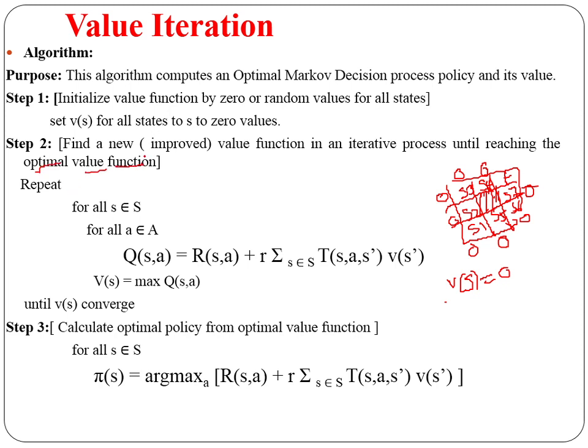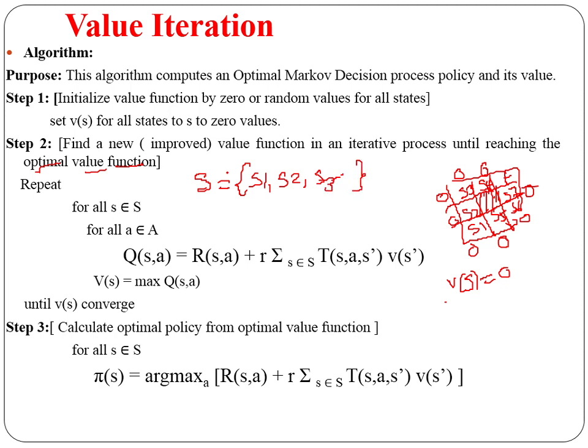Basically, in this step 2, how should I find the value function? First I take this S. What is this S? A state S contains multiple states S1, S2, S3, and so on.